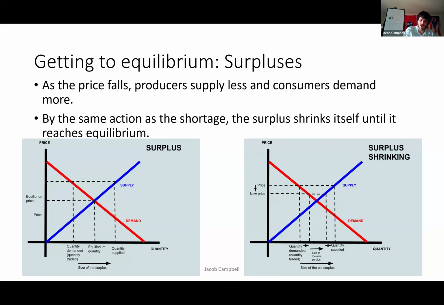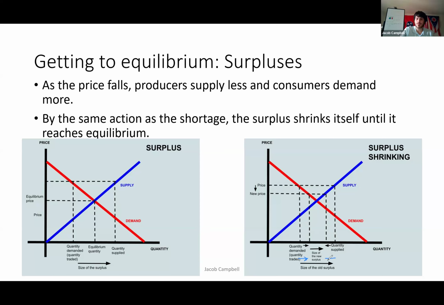At a smaller quantity, the opportunity cost of production is lower, and so they're willing to charge a lower price. They also understand that they need to charge a lower price in order to sell the goods off. And thus, the quantity supplied falls, but with the lower price, the quantity demanded rises.